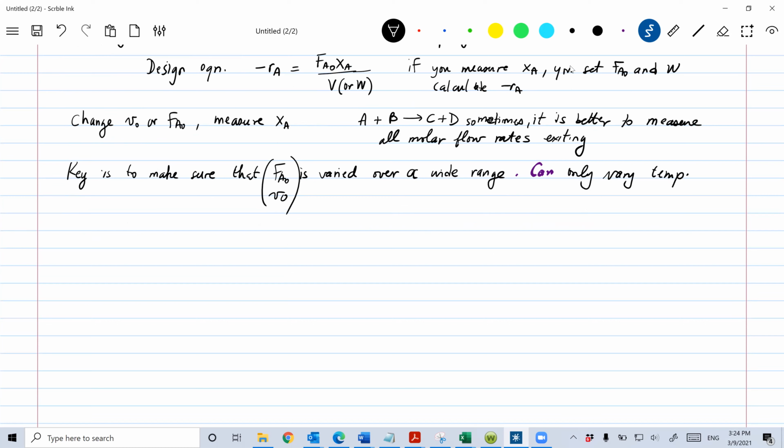That's also a table in the book. This is typical data you would love to see. So you set up your experiments. You have a certain temperature.